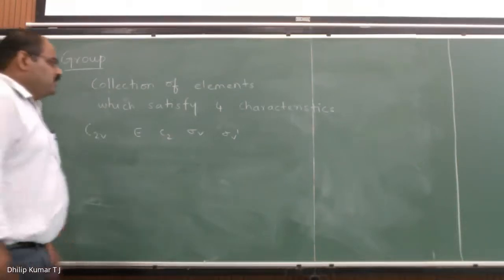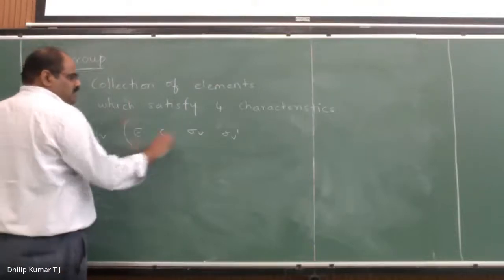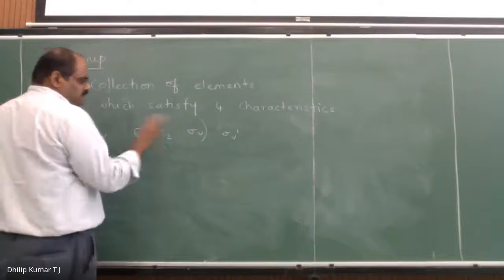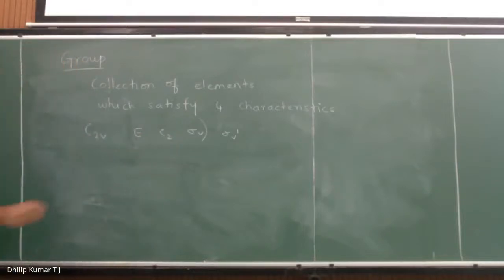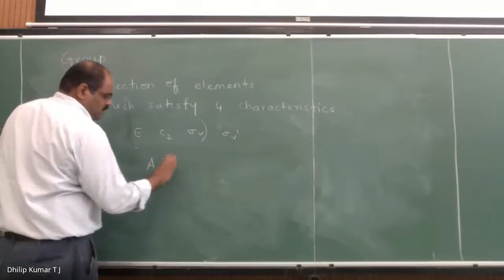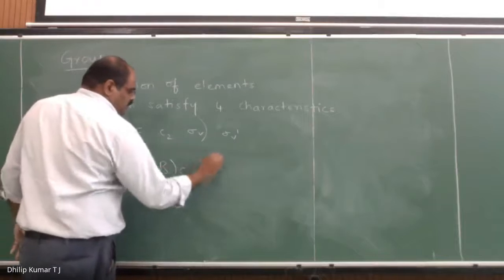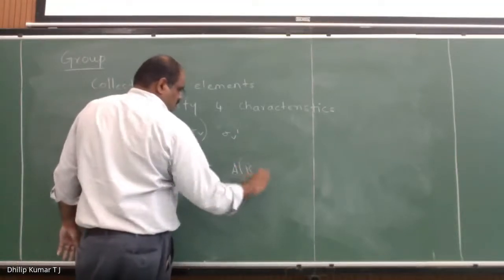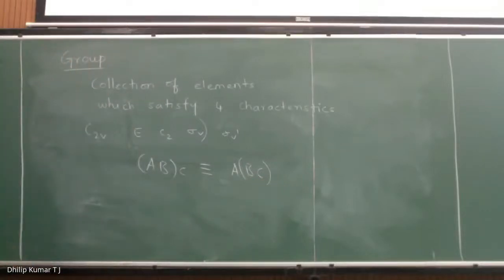So if you combine these 3, you will get some answer, right? Combining the other way, AB into C will be equivalent to A into BC. So the associative law should hold good.